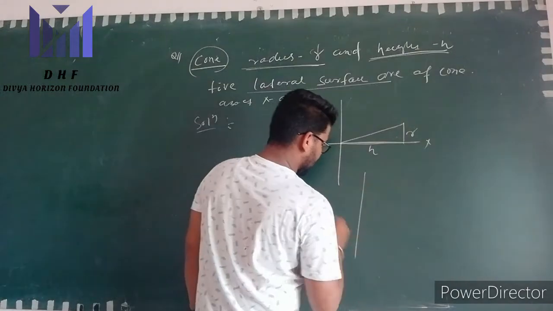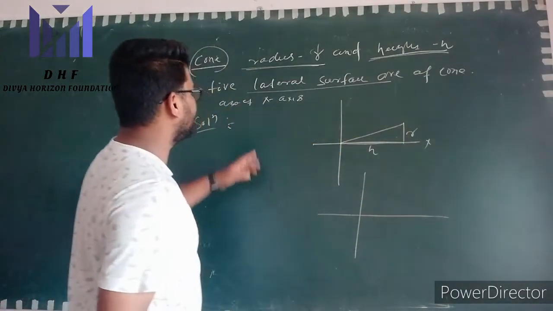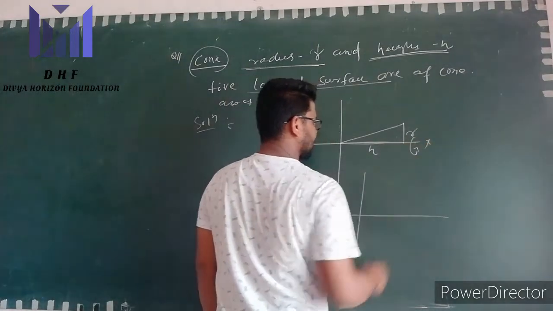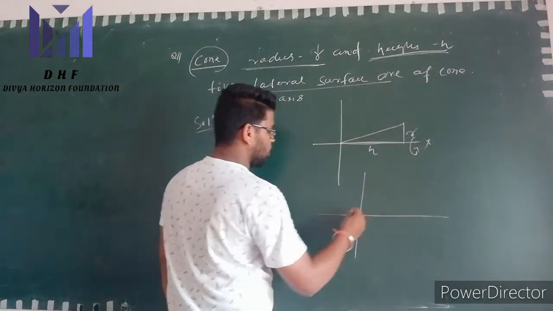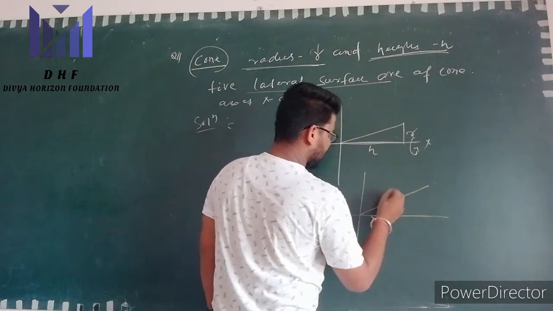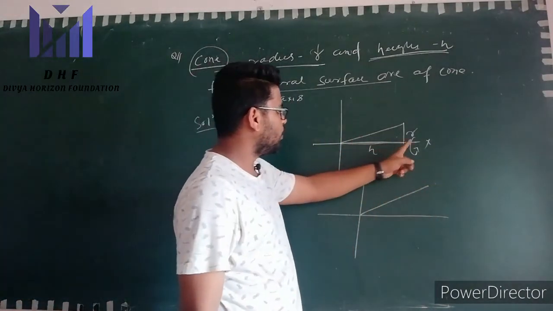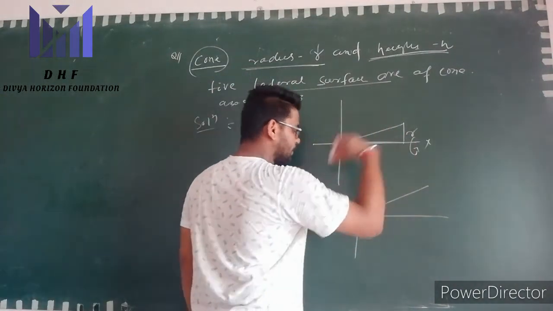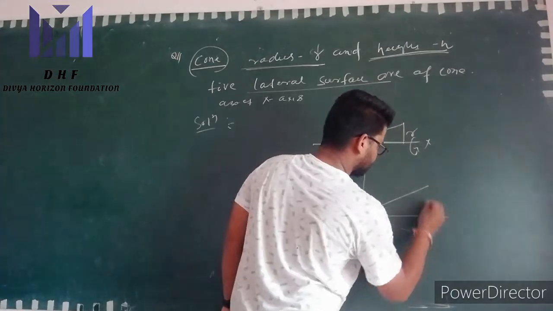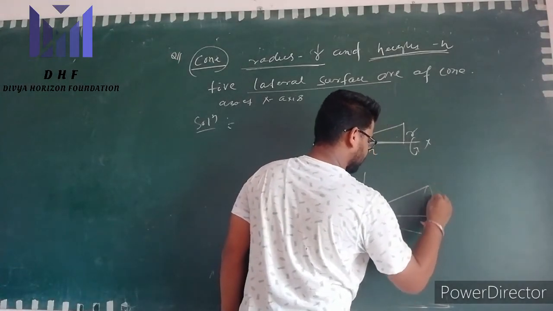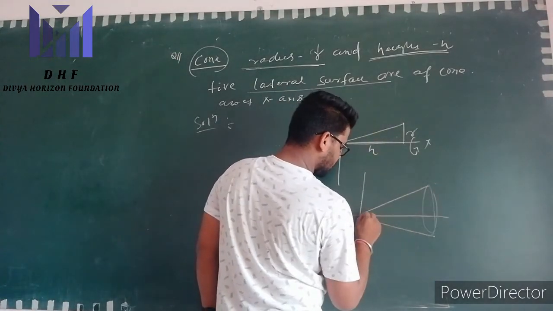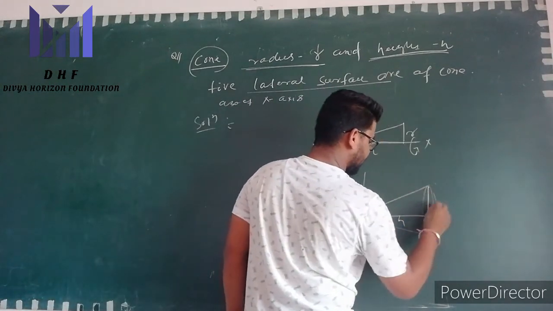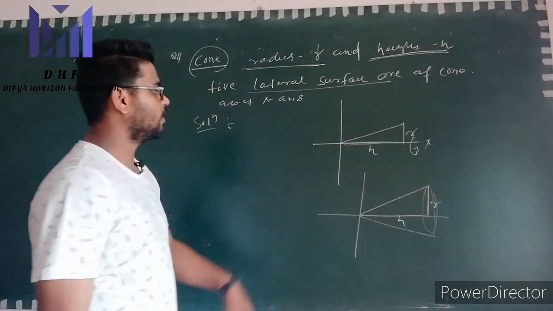If we revolve this triangle about the x-axis, then it becomes a cone. Clear? So now this height is h and this is our radius r. Clear?